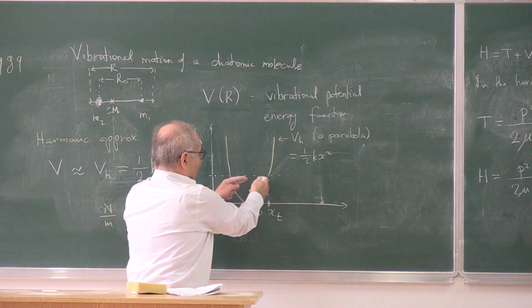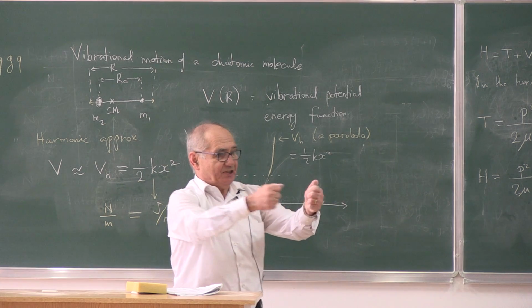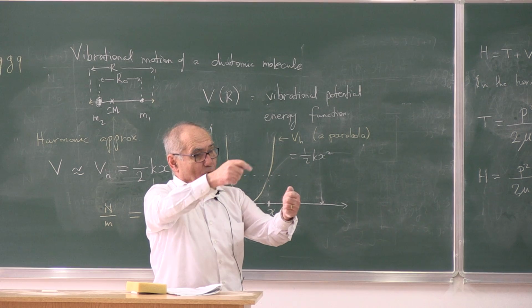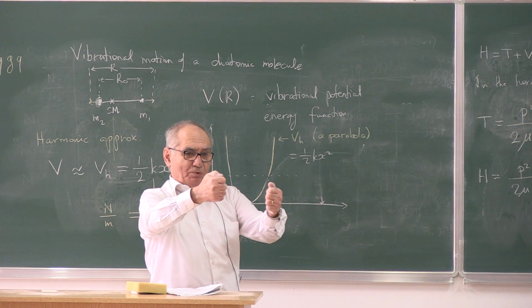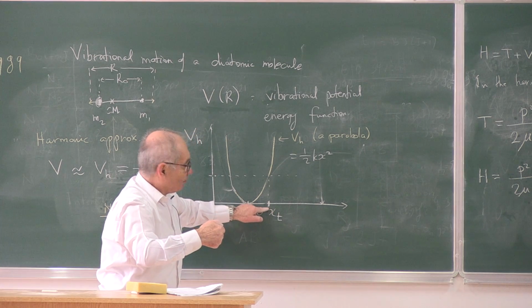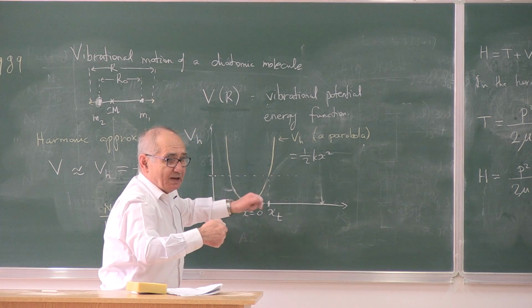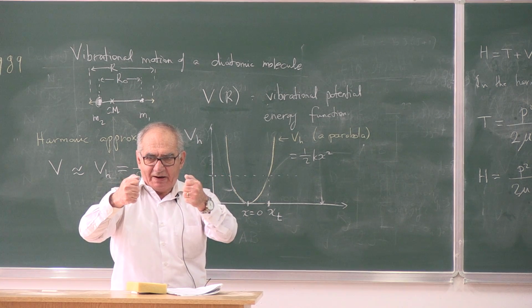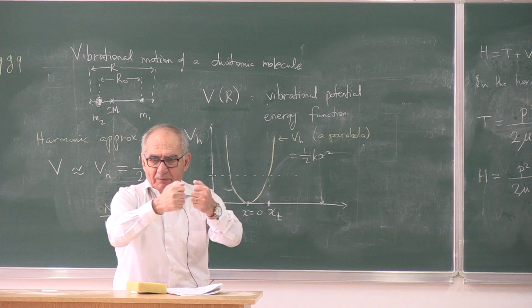In other words, what I have described is this stretch. The stretch at a given total energy continues up to a limit. That limit is this value for x here. At this point, the motion stops momentarily and then starts going inward.